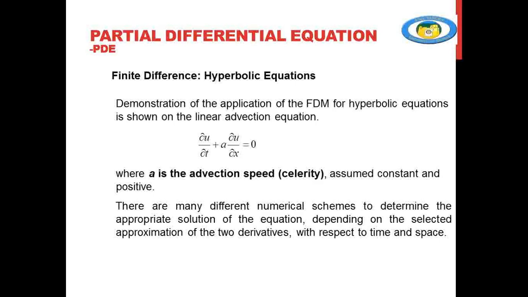You can approximate the first derivative of u with respect to x using forward difference, backward difference, or center difference. So any combination of them would produce a number of different types of schemes.